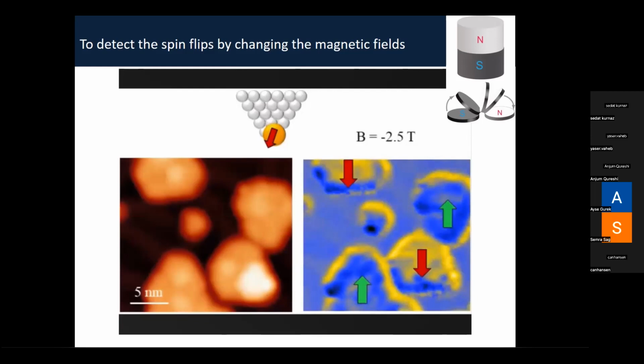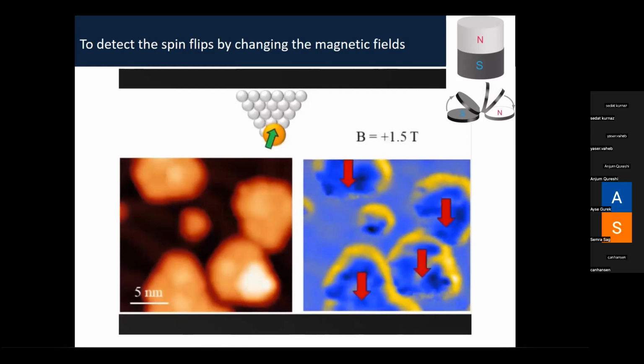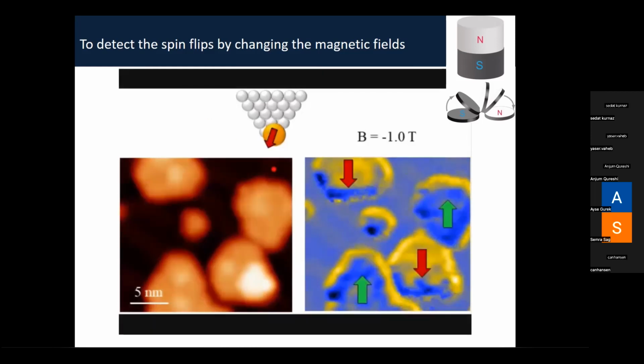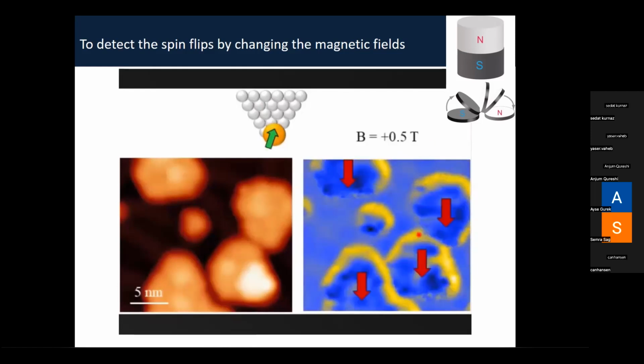So we see the external field. Spin flip, so color change. Now spin down, dark color. Spin down, spin down, spin up, spin up.